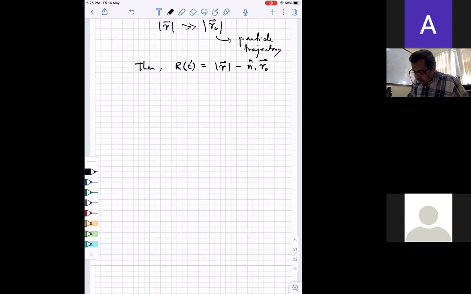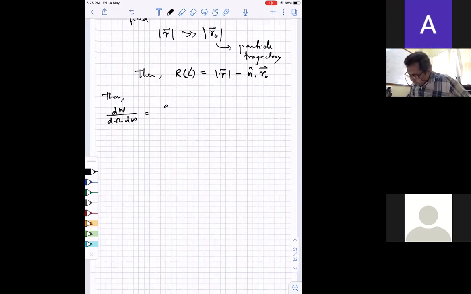Then you will get this energy per unit solid angle per unit area, which is equal to q squared over 4 pi squared c.